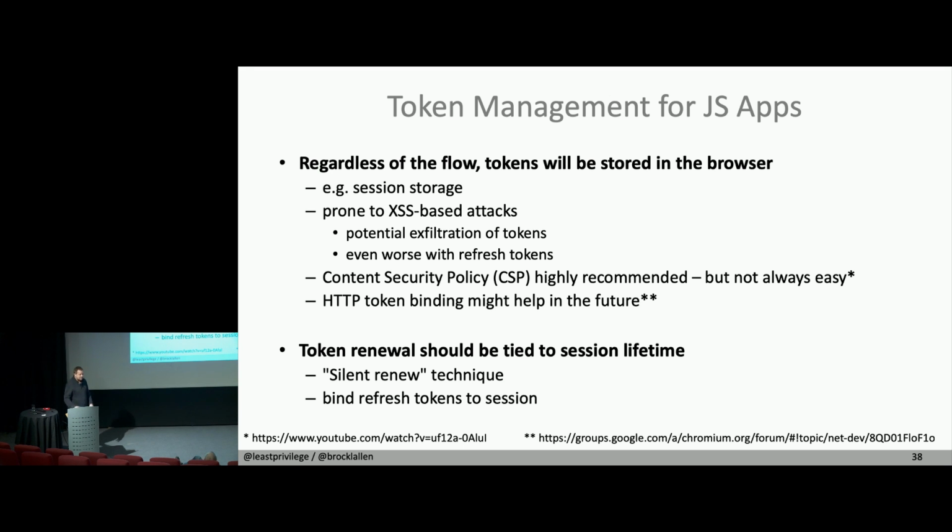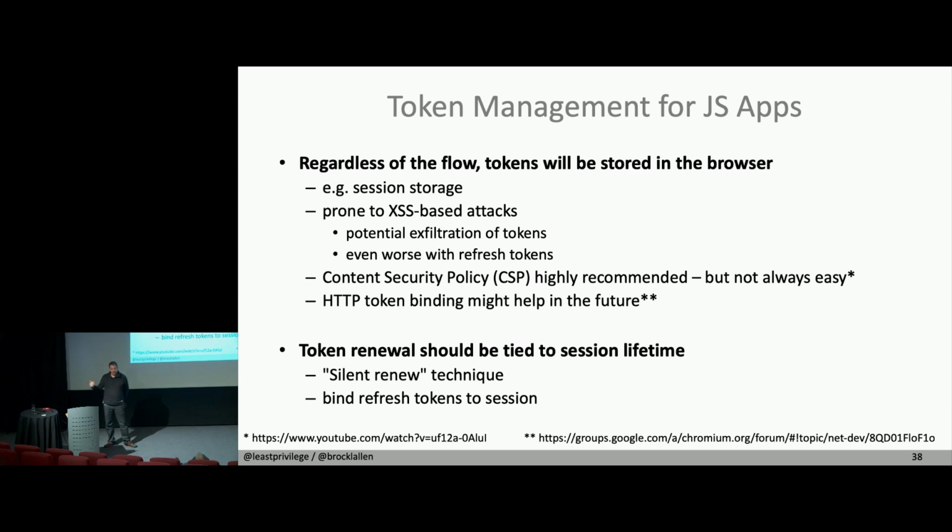But the problem doesn't end with the OAuth flow, right? Getting the token into the browser is one thing. Now you have to store that token in the browser as well, and also manage it, yeah? And that's where actually the real trouble starts. There is no secure data storage mechanism in a browser.